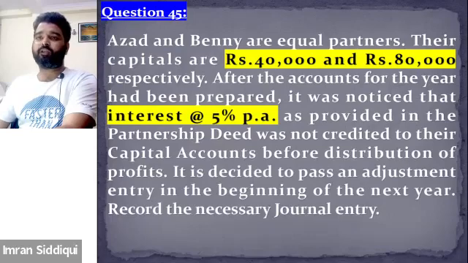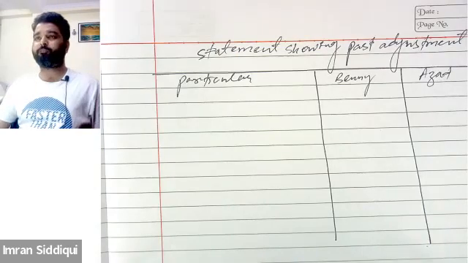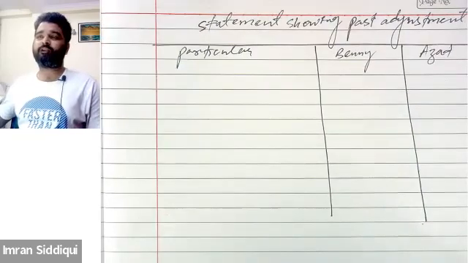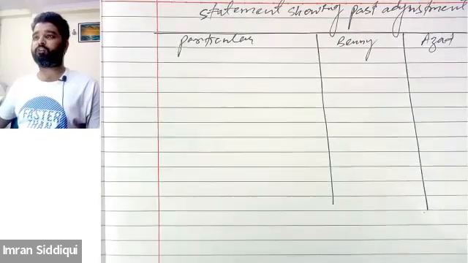So first of all, could anyone tell me how it is going to impact the profit? If partners forgot to credit the interest on capital, how is it going to affect the profit of the firm?